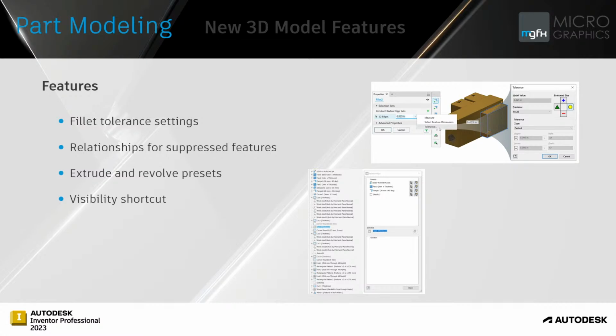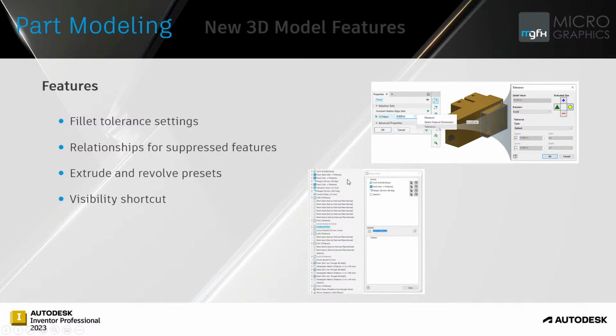So when you're using the extrude and revolve tool, you have presets that you can choose from, and you also have a visibility shortcut, right? So a visibility toggle shortcut, which is basically Alt V. Perhaps I should have written it down. So it's the Alt key plus V.